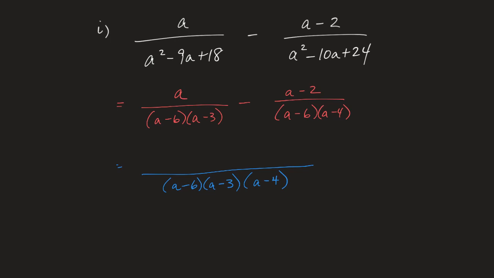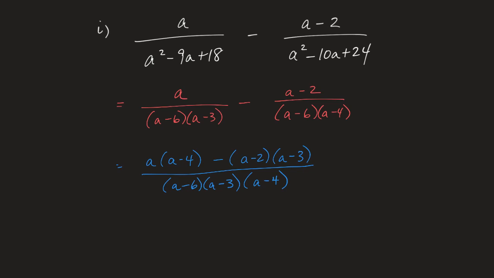Okay, now we're playing the game of whatever we did to the bottom, do the same thing to the top. So the only difference between my first denominator and the blue is the A minus 4, so that's what I have to multiply it by. The only difference between my second denominator and the blue was that A minus 3, so I got to multiply.